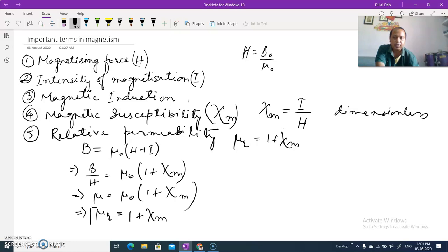So this you need to understand. And these are the terms which are used in magnetization, magnetic field intensities and everything we have discussed here. Go through the topic very carefully, and if there is any doubt, then post me the doubts. Thank you.